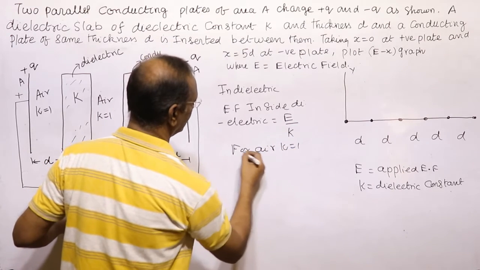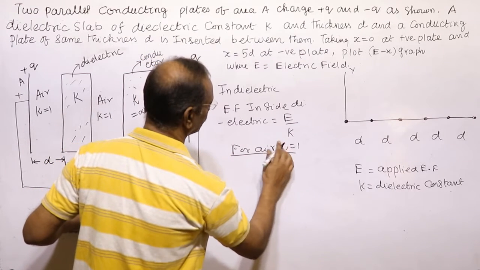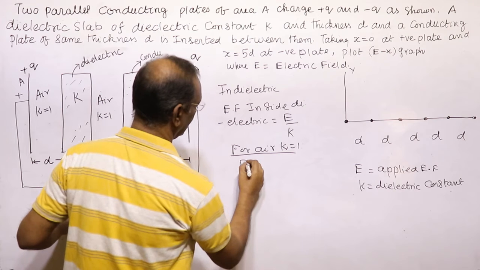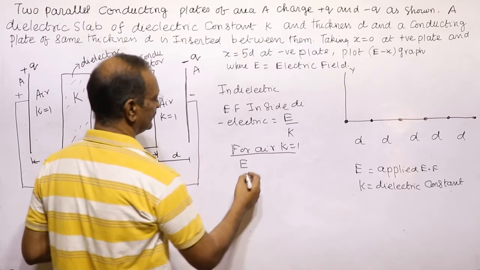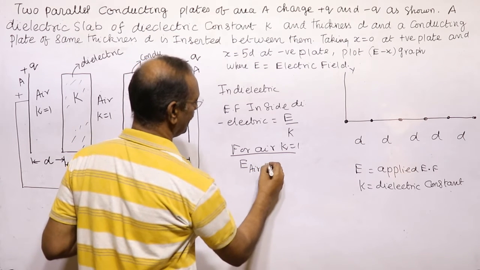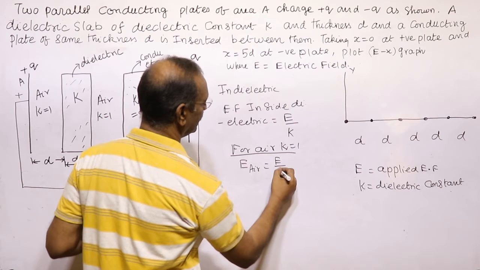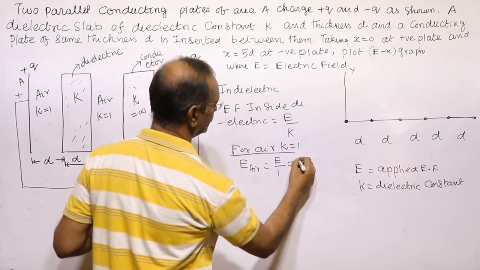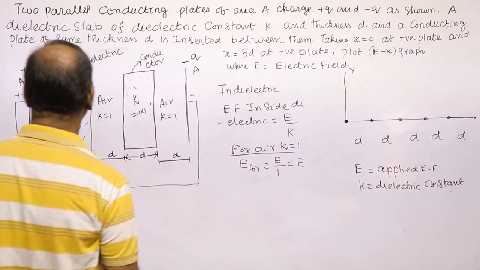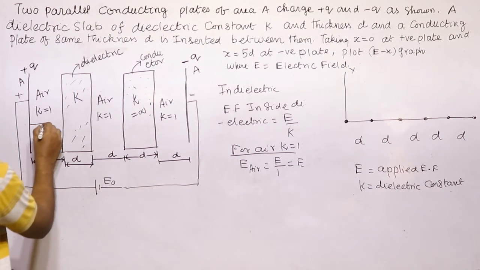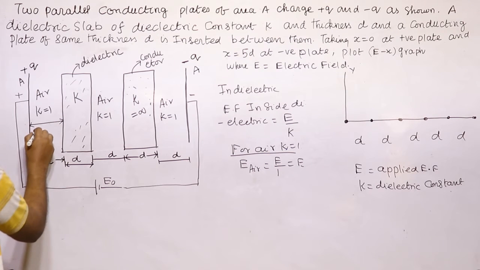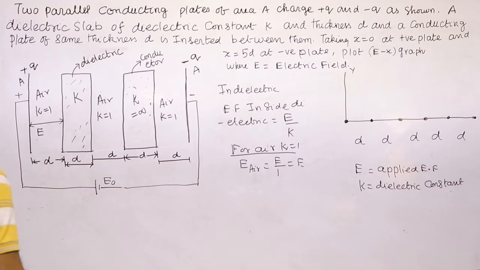For air, the dielectric constant K is equal to 1. Therefore the electric field inside for air is E by K, with K equal to 1, which is equal to E.